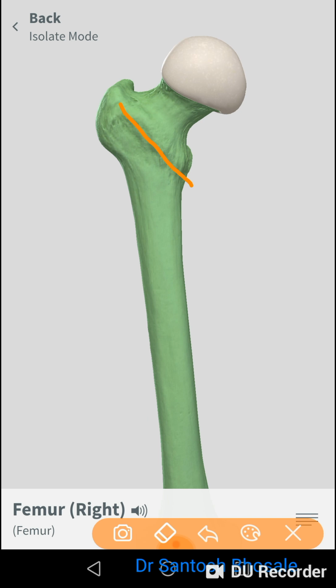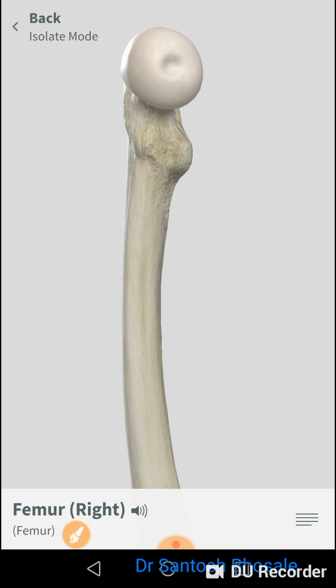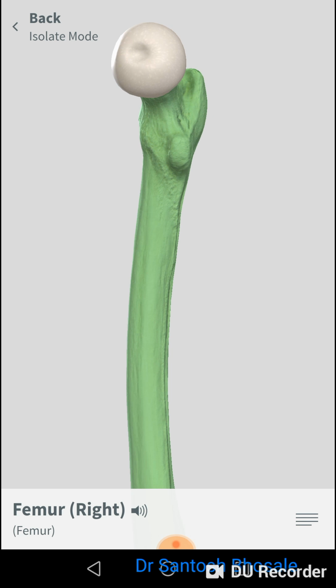The intertrochanteric line marks the junction of the anterior surface of the neck with the shaft of the femur. There is a prominent roughened ridge which begins above at the anterior superior angle of the trochanter as a tubercle and is continuous below with this spiral line that you can see here.